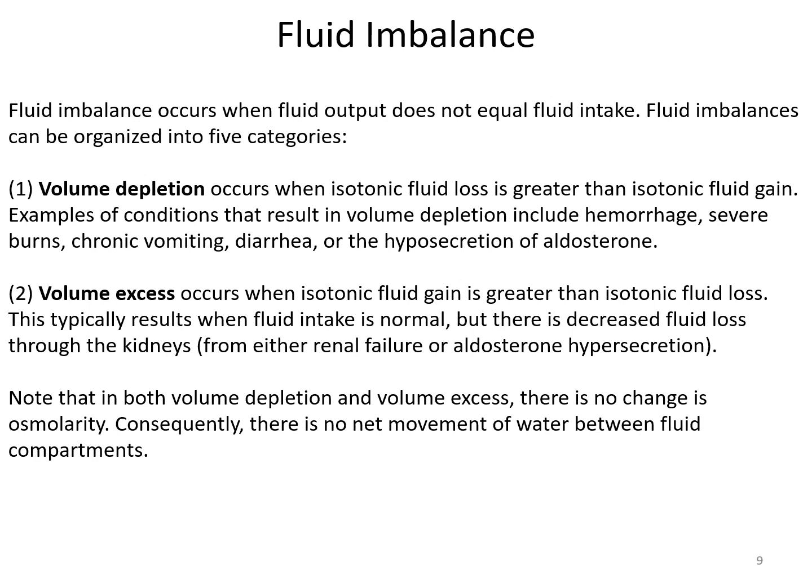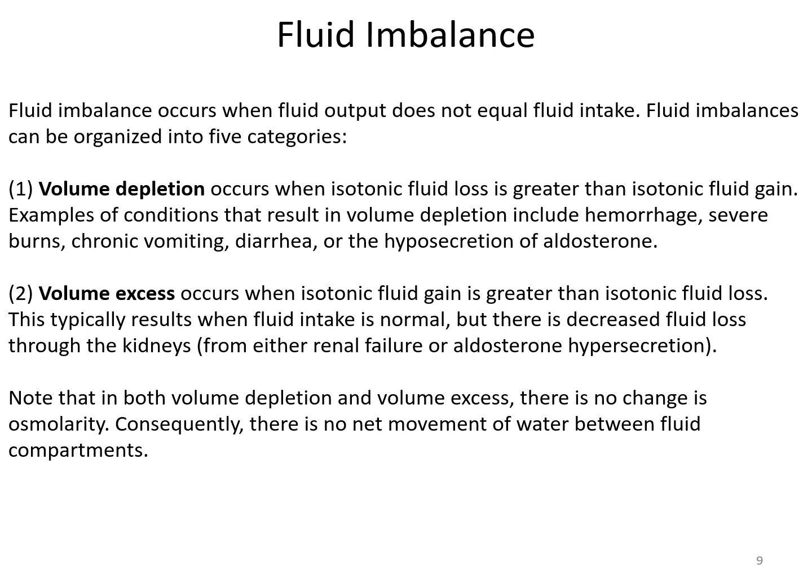Fluid imbalances happen whenever you have a difference in the fluid input and the fluid output. We can kind of categorize these in a few different ways. So you've got volume depletion. Volume depletion is when isotonic fluid loss is greater than isotonic fluid gain. So you're losing more than you're putting in. The fact that it says isotonic means we're not changing sodium or electrolyte concentrations here.